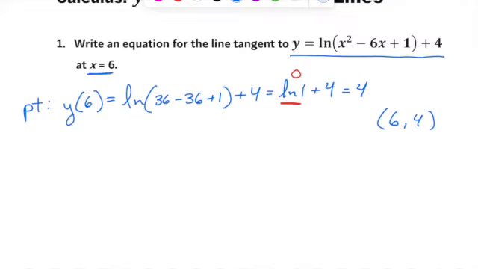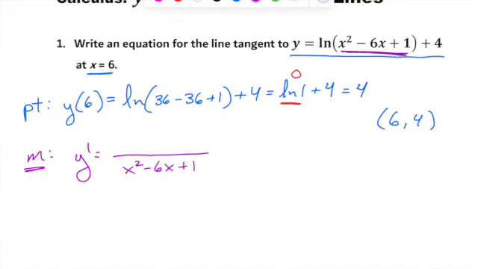We got that point, so hang on to that, and now we need the slope. If you've come this far in calculus, you know the slope comes from the derivative. So y prime equals, taking the derivative of a natural log, 1 over that quantity, 1 over x squared minus 6x plus 1, multiplied by that quantity's derivative, which is 2x minus 6.